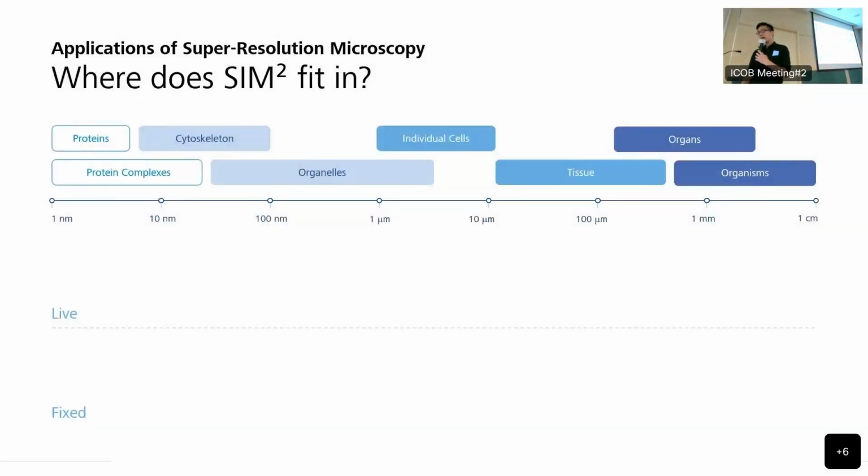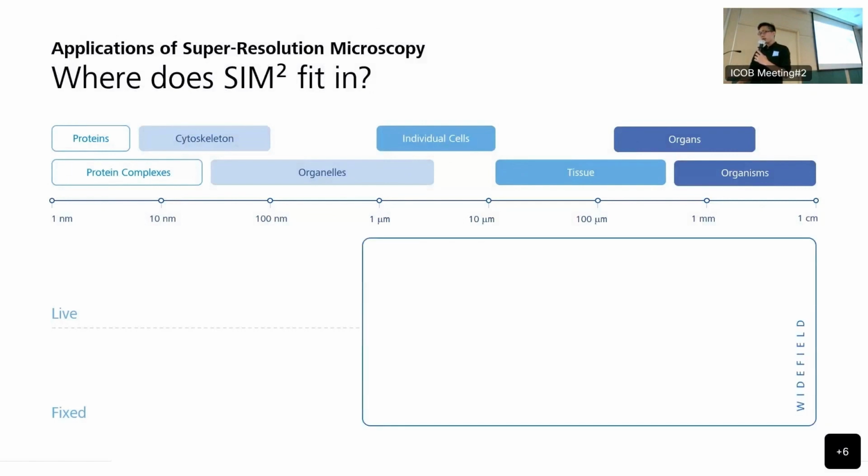So why do we need to use structured illumination for the ELYRA 7? For routine microscopy, we have the widefield microscope, just like a common fluorescence microscope, but we can only image the samples down to individual cells, and we can hardly see any organelles inside.